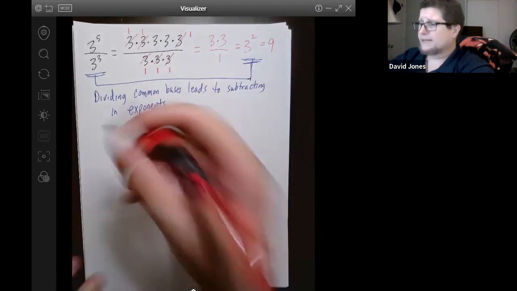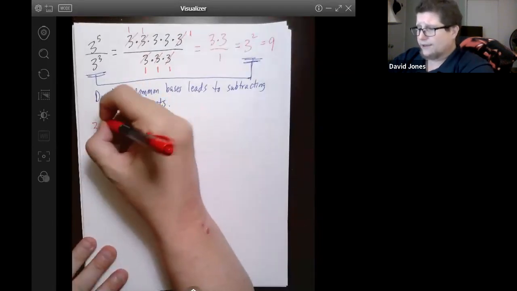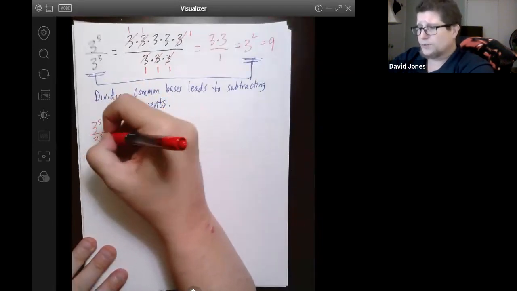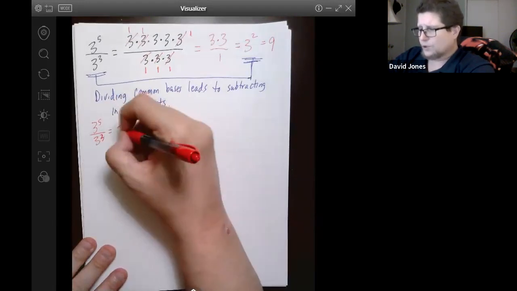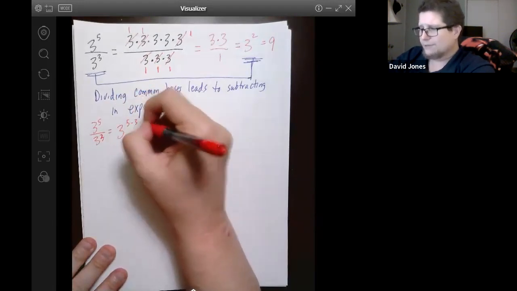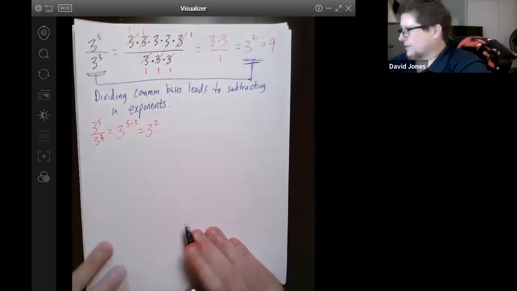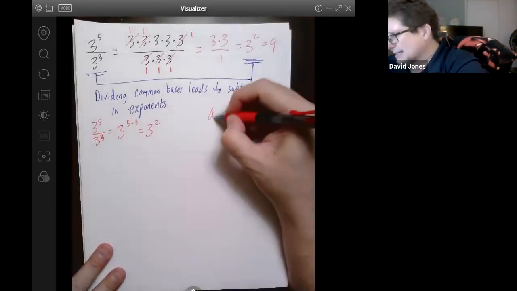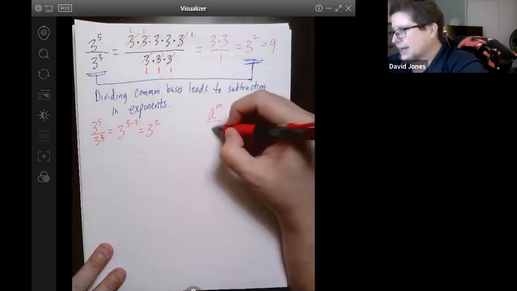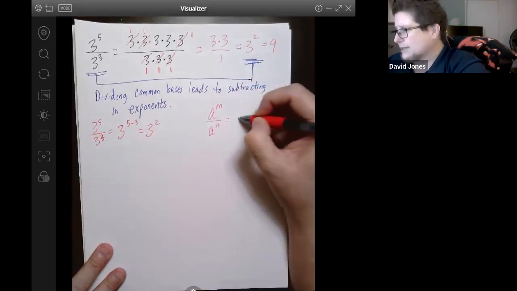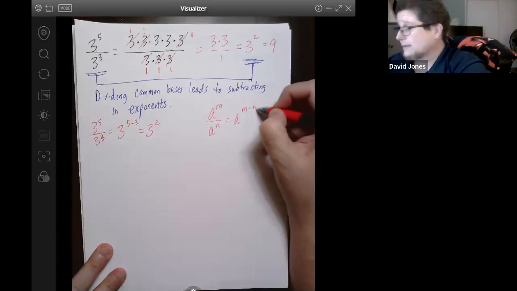That was effectively 3 to the 5th power over 3 cubed equals 3 to the 5 minus 3, which is 3 squared. The general rule they write it as is a to the m over a to the n equals a to the m minus n.